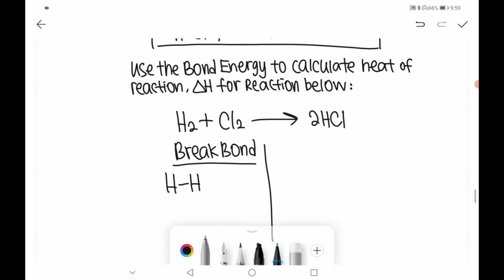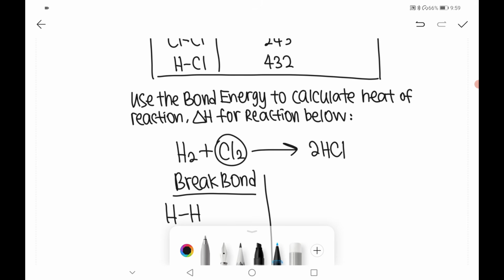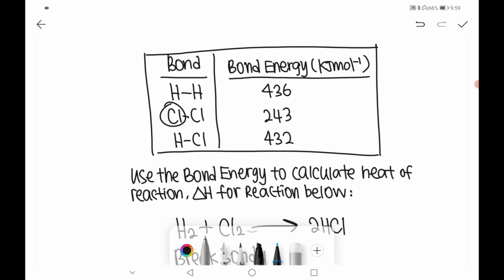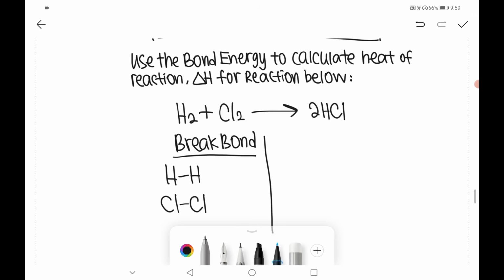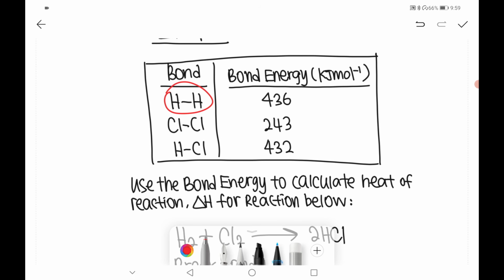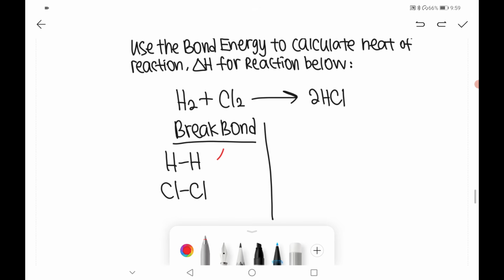What else you need to break? Cl2. Cl2 means Cl and Cl. You just need to copy it here. Now you ask yourself, how much energy is needed to break the H and H? You see the given value for H and H, it's 436.